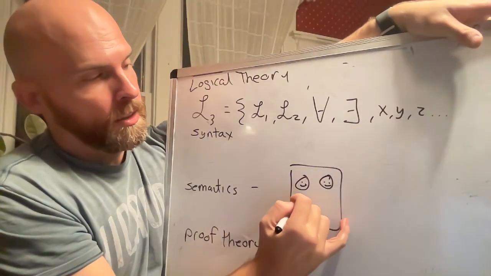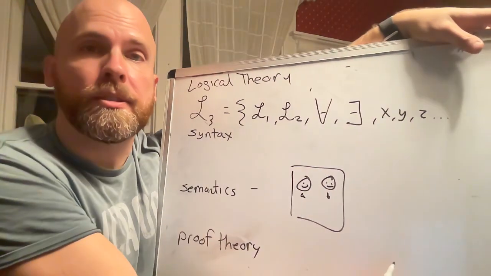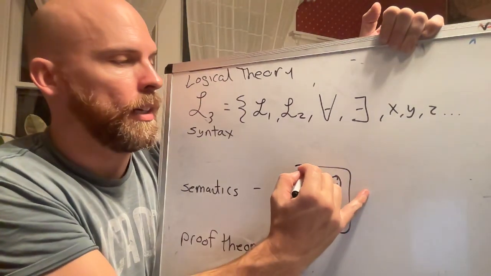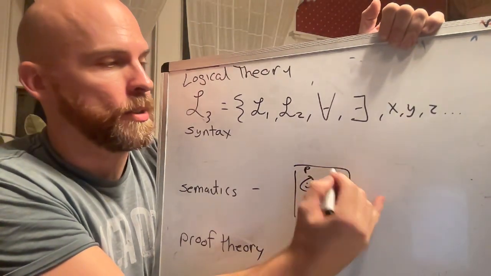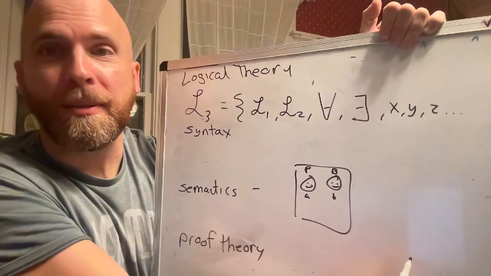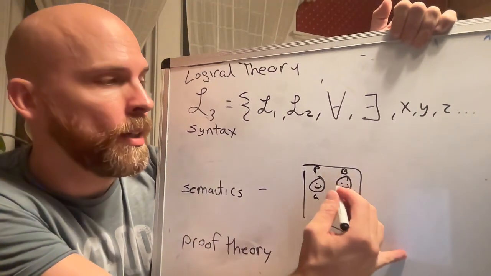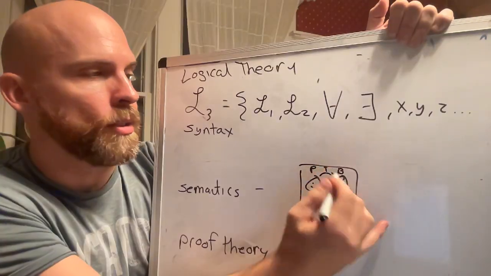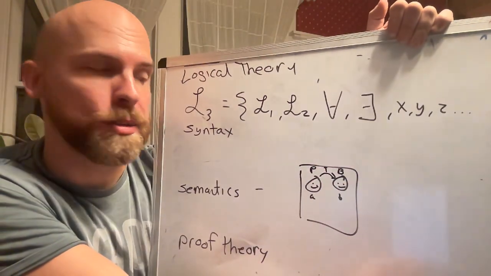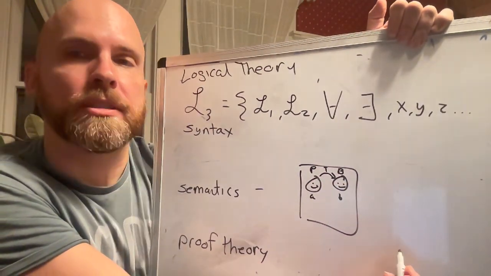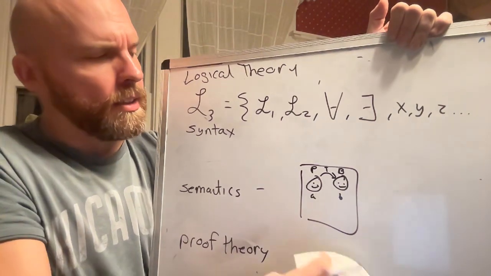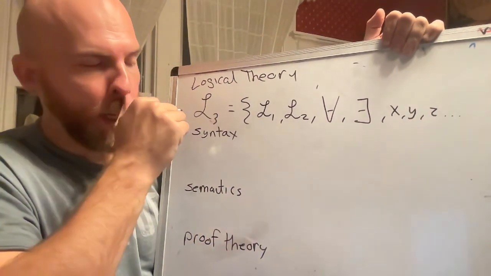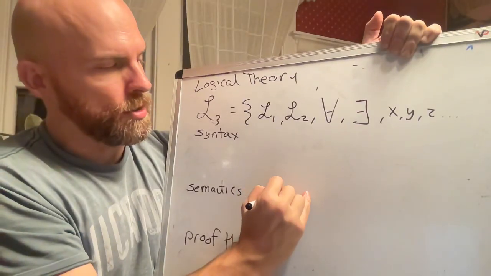If I had an image with an interpretation that said Alex was a parrot, Bob was a bear, this might be how we characterize it in our diagram. If I wanted to say this parrot is taller than that bear, I might draw a little line there. We've got two place relationships, and this could say Alex is taller than Bob. Again, straightforward. I spent a bit of time on that, but now I'll just put interpretations here.